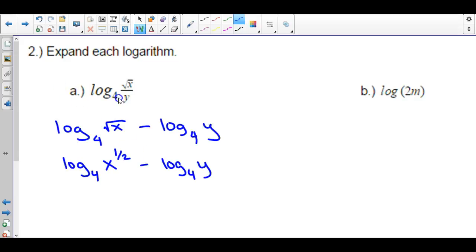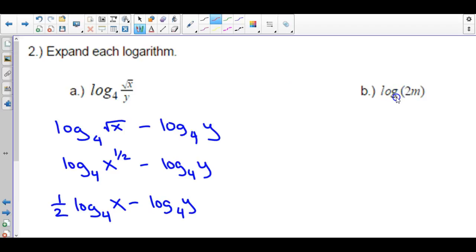And now I'll take the final step. My last step is bringing the exponent down then as a coefficient to the logarithmic expression. So 1/2 log base 4 of x minus log base 4 of y. And the last one of these, I'm going to break this up into two logarithmic expressions.